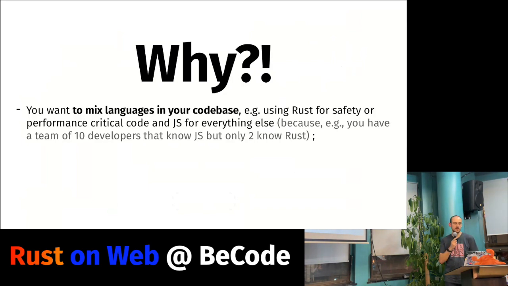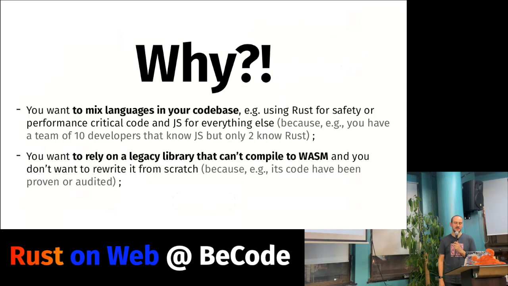So it's kind of cool to actually be able to write some critical part in Rust, the rest of your application in JavaScript, and to be able to interoperate these two parts. And the second reason is sometimes you work with code you don't write yourself, and you can't afford to rewrite it because it's pretty costly to rewrite something, or just because the code you want to use is some library that has been proven or audited.